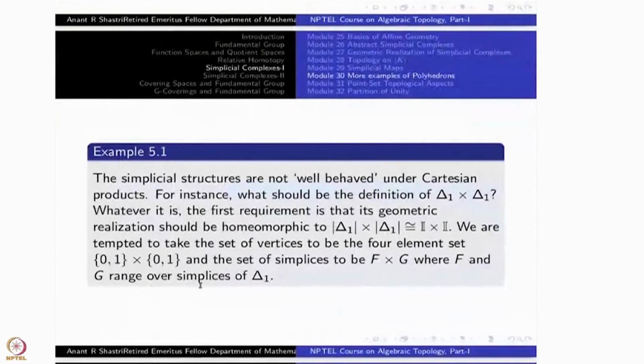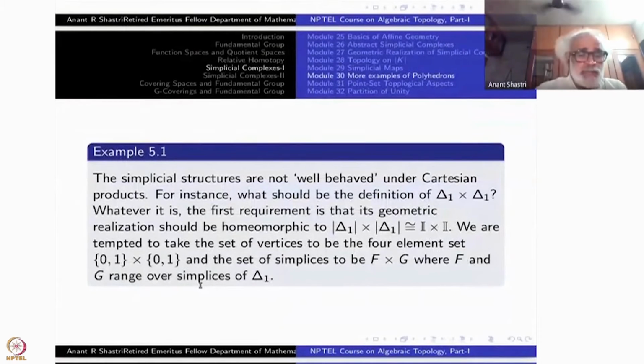Now I come to a serious problem, namely products. We have already dealt in some way with the product with I, but you have to be careful. There it was for the join. It was not actually the Cartesian product of a space with some other space. Okay.